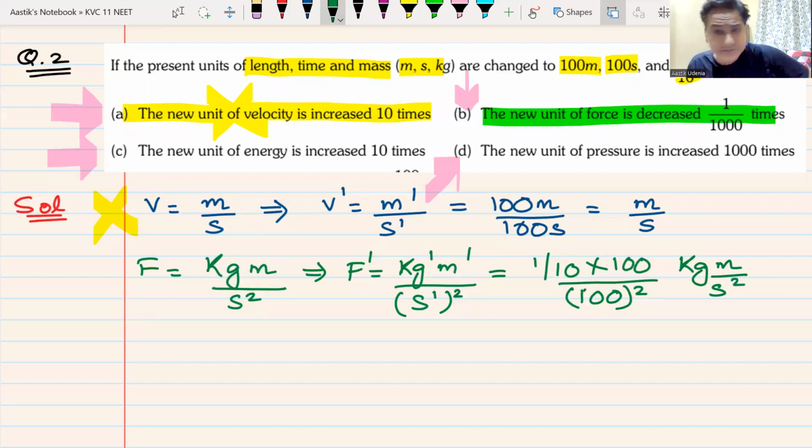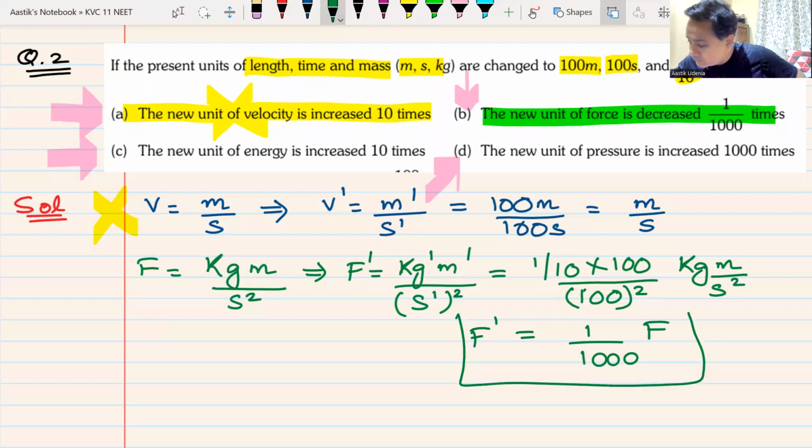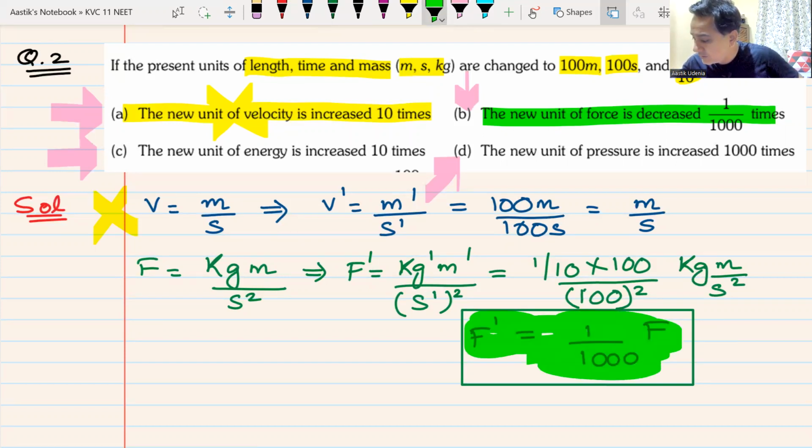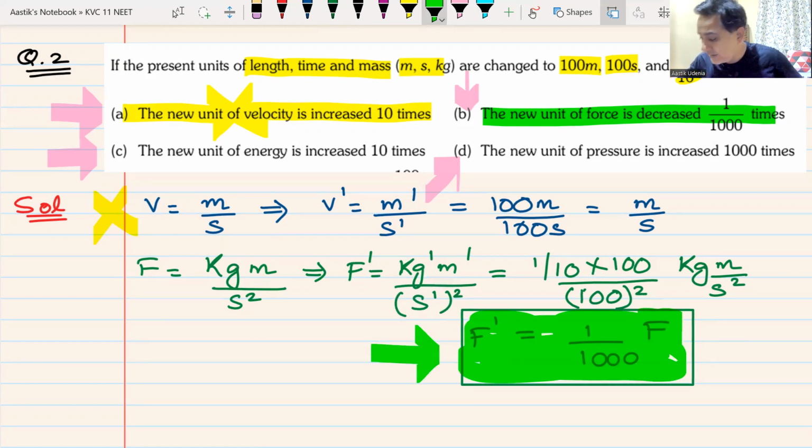Now you can easily multiply, divide, and see what is coming. This is a simple multiplication and division, which I am not going to do for you, which you are going to do, and you will find that new F dash comes as 1 by 1000 into kg meter per second square, which is your original F. And as you can see, this is definitely matching with option number 2 or B, and therefore this is the correct answer.